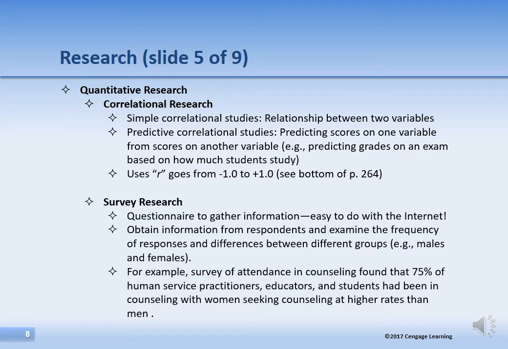When we talk about the R, or the correlational value, if there is a perfect correlation between 2 variables, meaning as one increases, the other increases at the same rate, that is a perfect correlation of 1. If there is no relationship between the 2 variables, the correlational value, or R, would be 0.